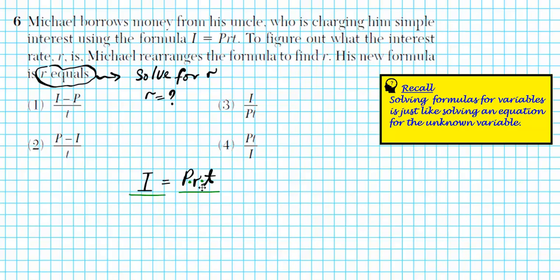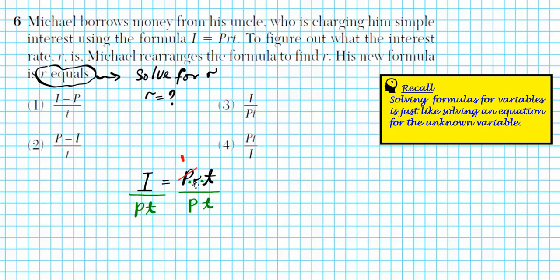So what is the inverse of multiplication? The inverse of multiplication is division, okay? So to get rid of P times R, to get rid of P, we have to divide by P. And to get rid of this T right here, we'll also have to divide by T, okay? But in order to preserve equality, just like we're solving an equation, whatever you do to the right side, you have to do exactly the same thing to the left side. Now notice what happens on the right side.